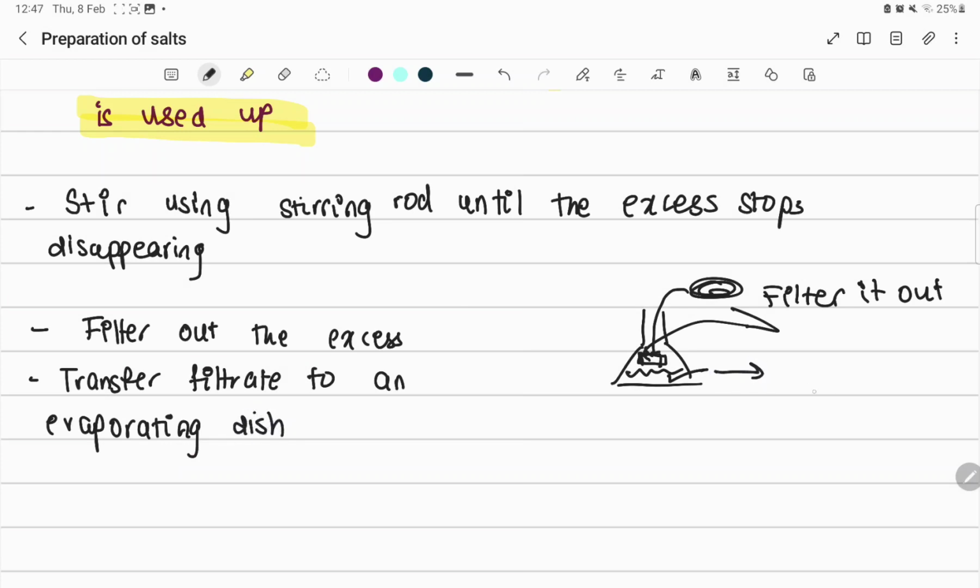Since the excess liquid will start evaporating, this will start to crystallize, and crystallization will occur. They will basically form crystals, and that is your salt.